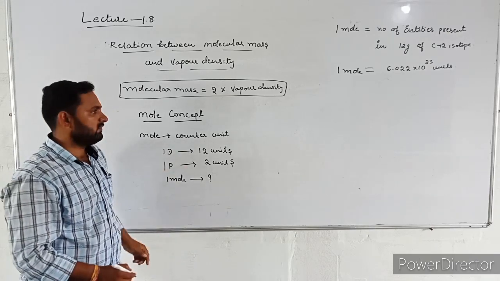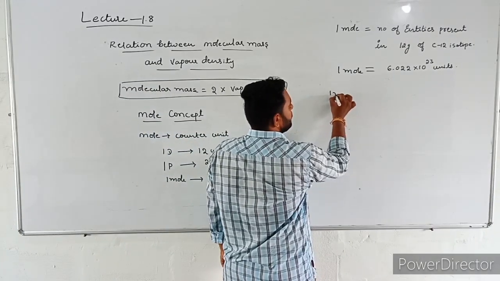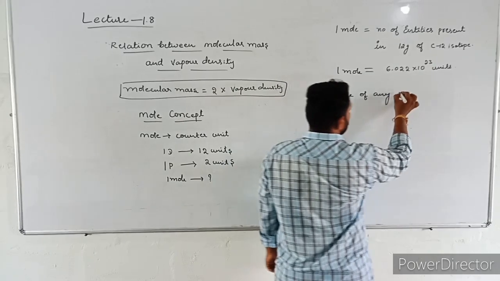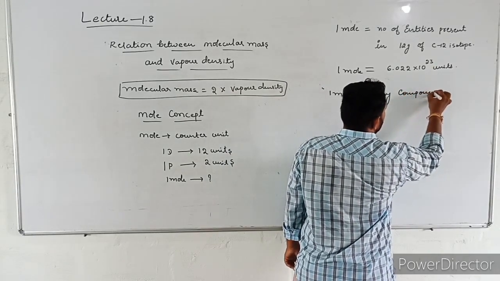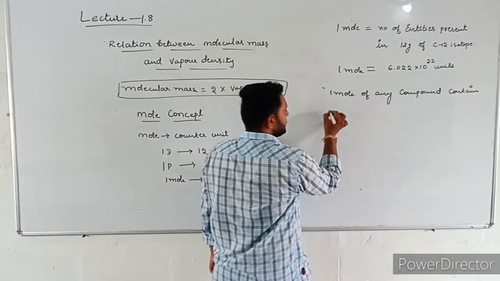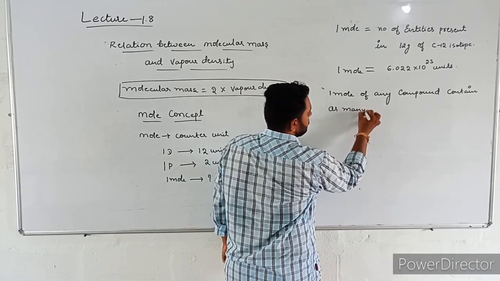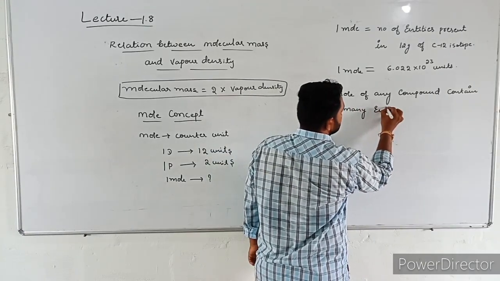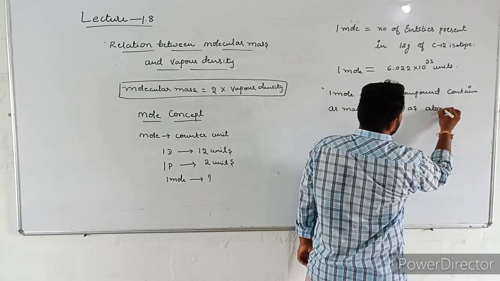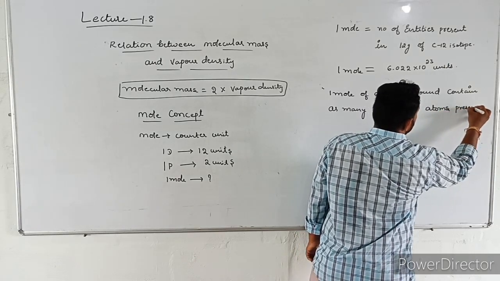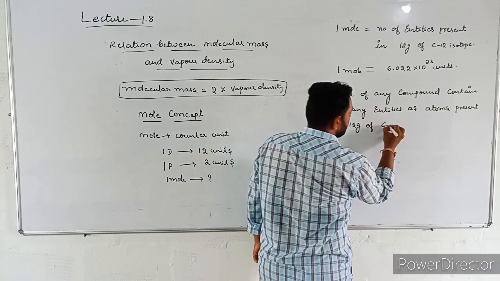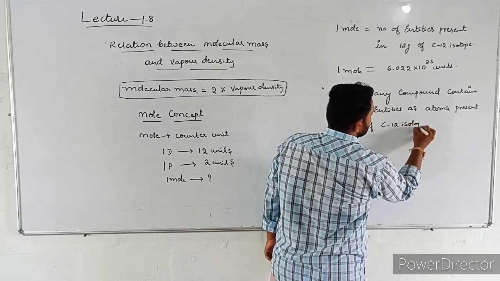You can write like this: 1 mole of any compound contains as many entities as atoms present in 12 gram of carbon 12 isotope.